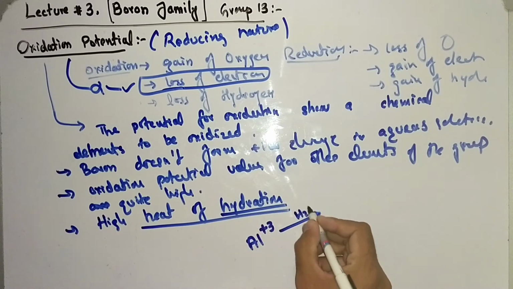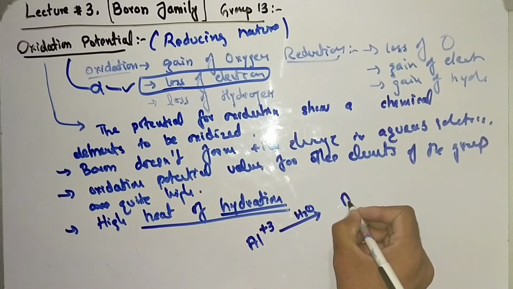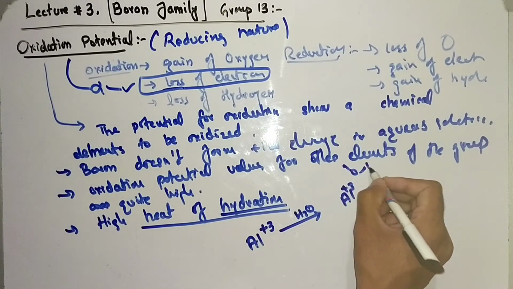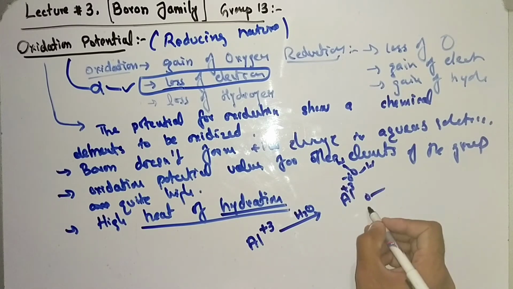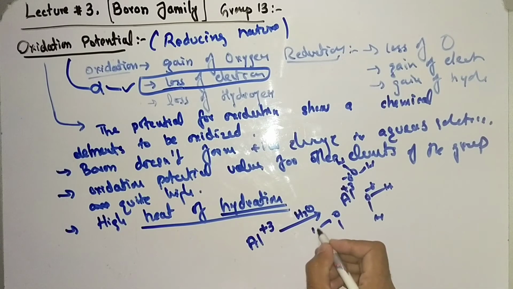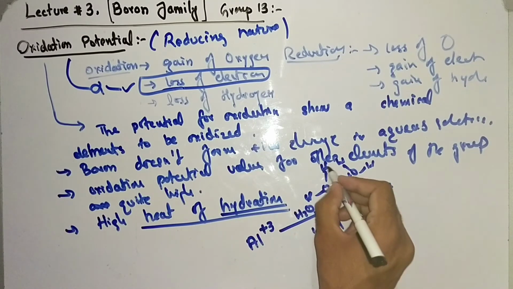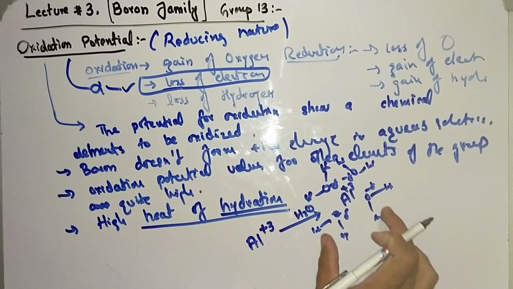In aqueous solution, this aluminium will be easily ionized by water. Water has a partial negative charge on the oxygen atom, so from the surroundings it will be solvated from everywhere, and this will become stabilized. So that's why addition of water occurs.